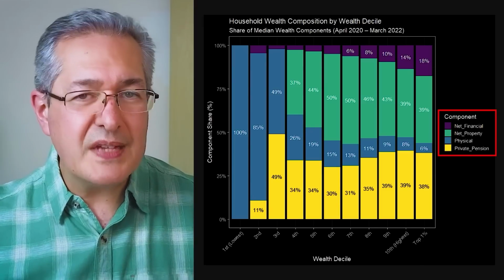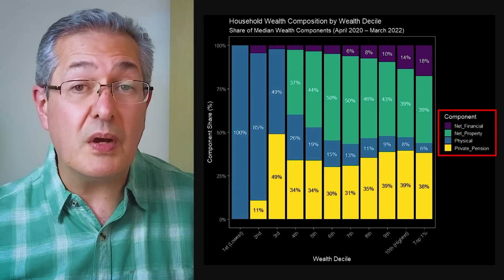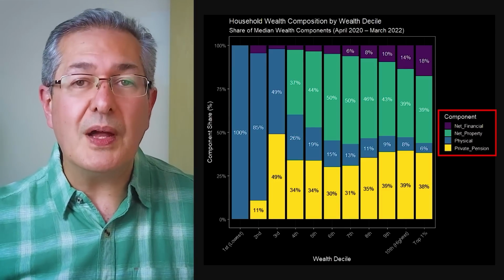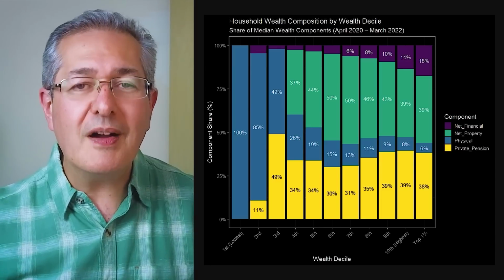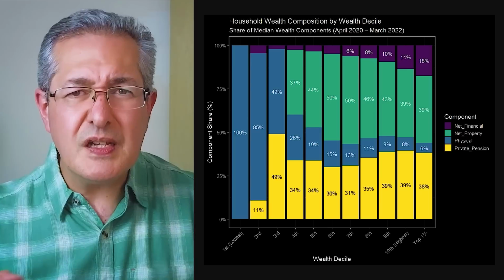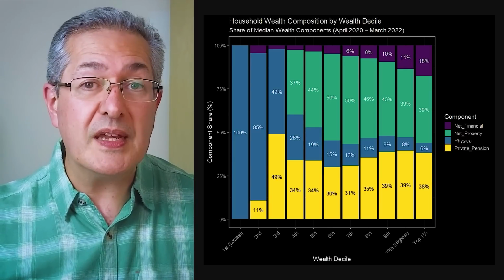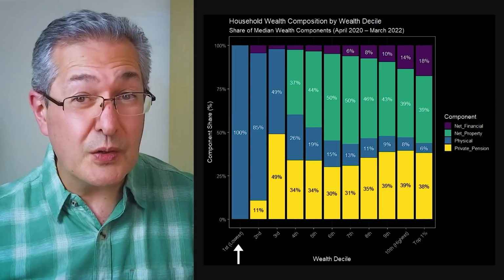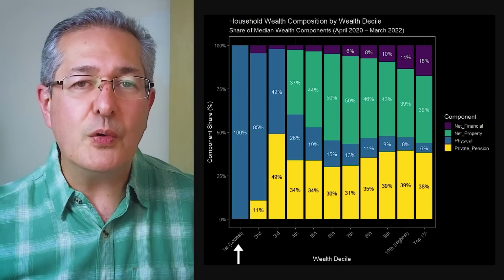Now what I've done here is I've taken that graph and I've just looked at the components as percentages rather than pound amounts. That's just to highlight the composition of wealth according to the wealth decile. Now what's really remarkable here is the huge difference in composition according to whether households are wealthy or poor. So for the poorest households, you can see that physical wealth makes up 100% of their overall wealth.